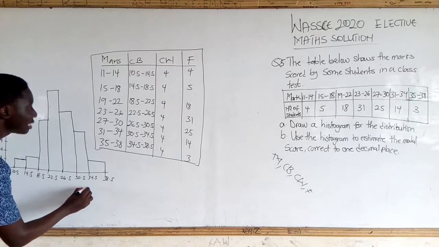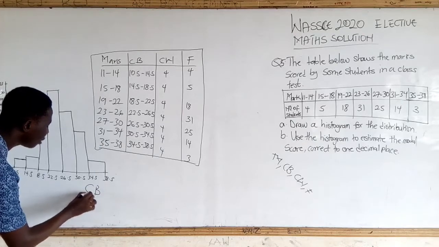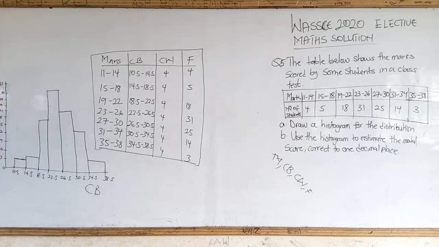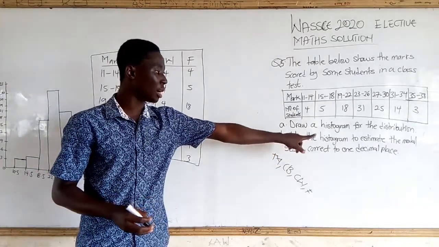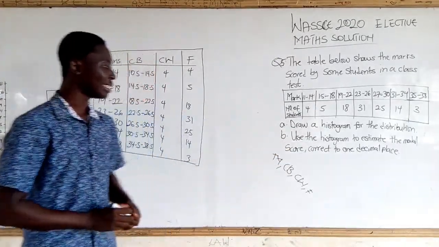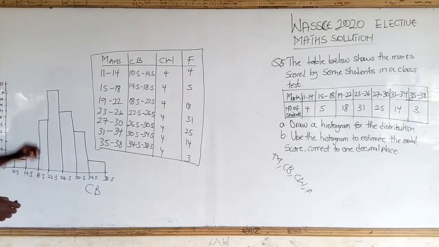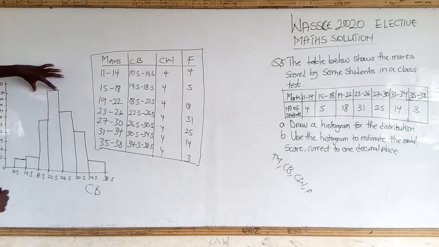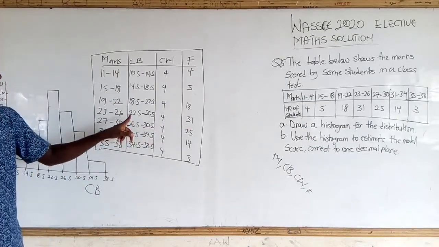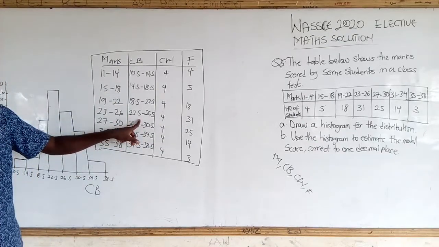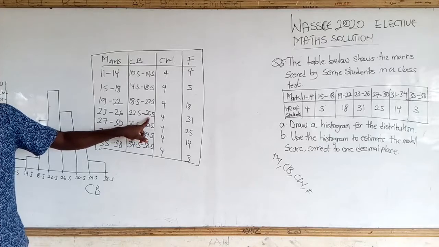So here is class boundary and here is frequency. The second question is, we have to use the histogram to estimate the modal mark. For the modal mark, you look out for the longest bar, or the class with the highest frequency. The class with the highest frequency is 22.5 to 26.5.